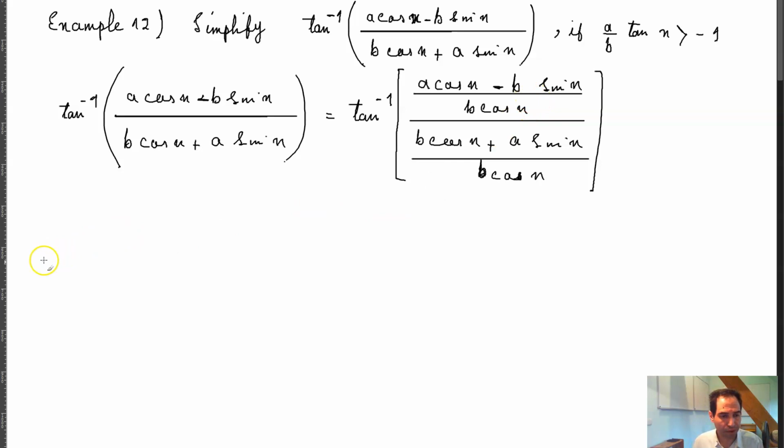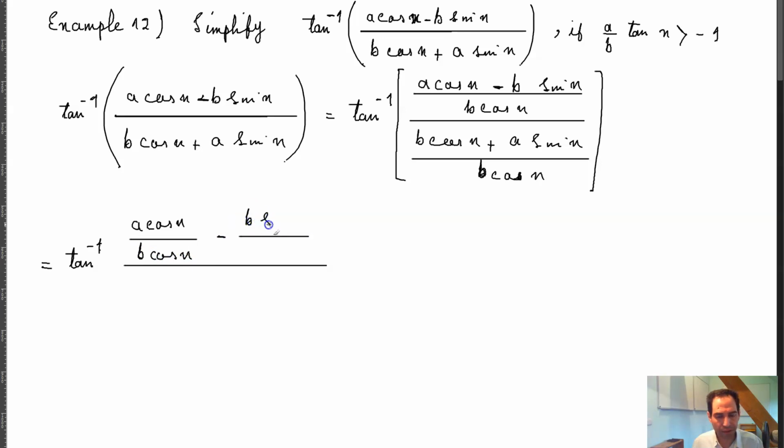I can now write this as the tan inverse of a cos x by b cos x minus b sin x by b cos x, and then I have b cos x over b cos x plus a sin x over b cos x.